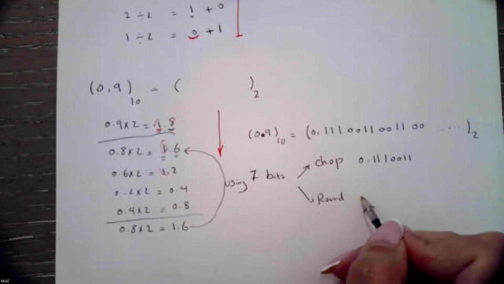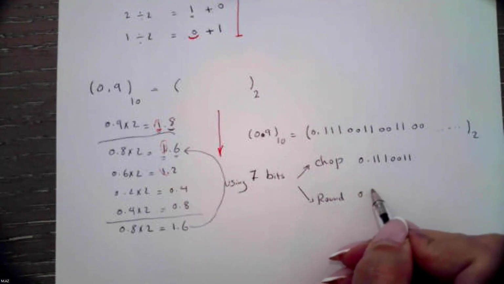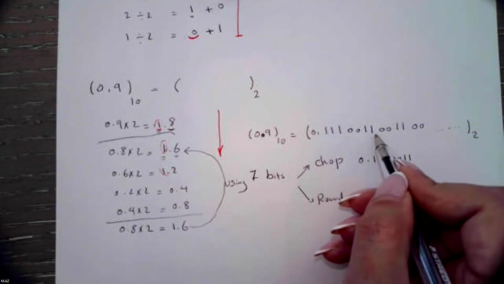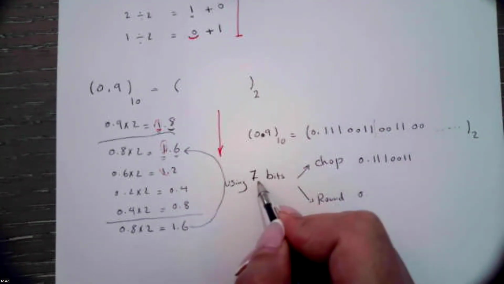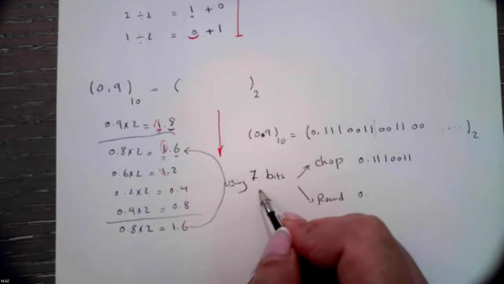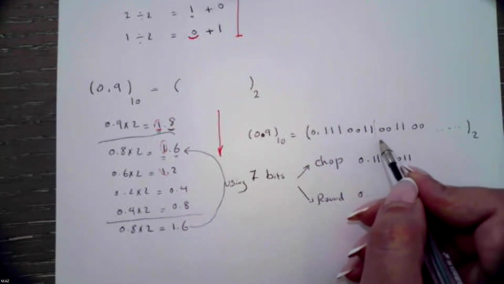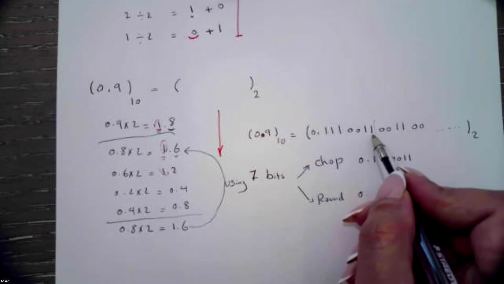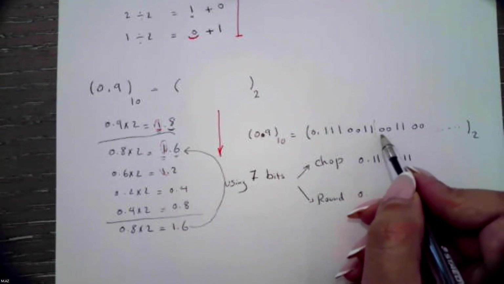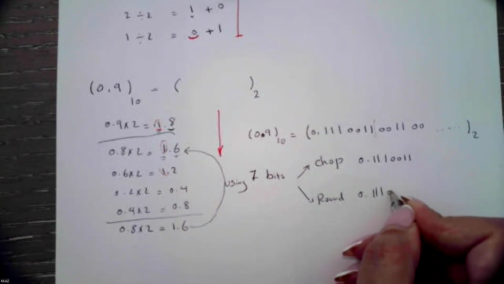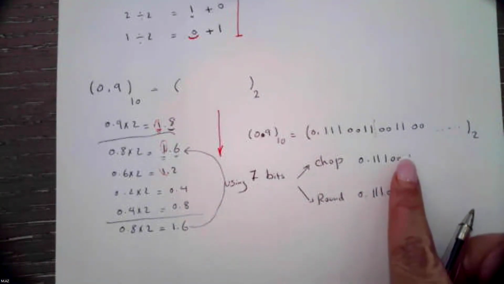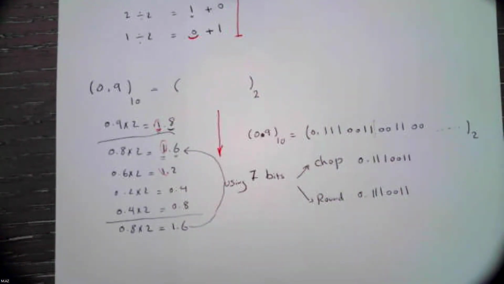How about the round? For the round, we always have to look at the number after, in this example, after the 7 bits. If the number after the cutting is 0, we get the same number as the chopping.